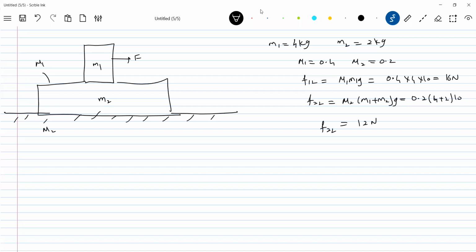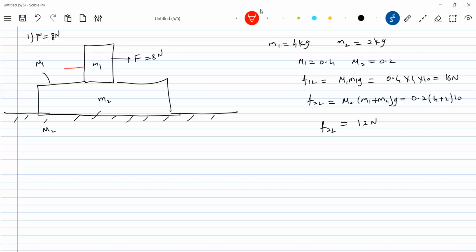The first case I'm asking you, when applied force is 8 Newton, you have to check what is the acceleration of the blocks and the friction at various surfaces. So it's quite clear, no?